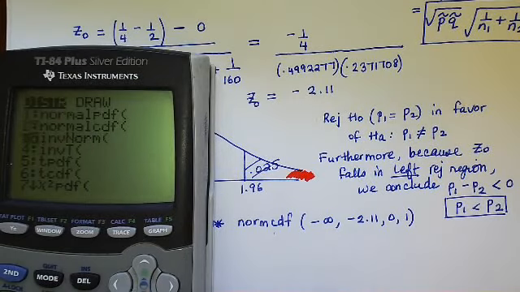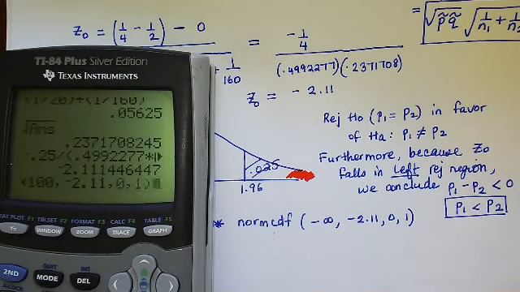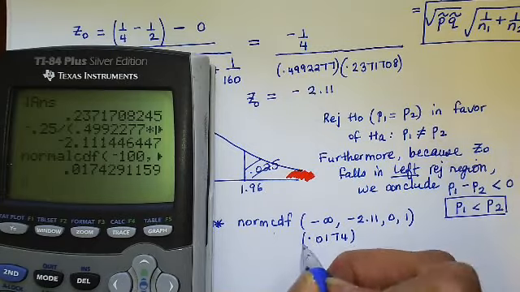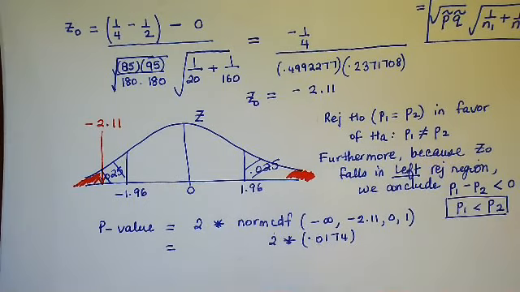So I get second distributions, norm CDF, minus 100, minus 2.11, 0, 1, paste. 0.0174, and of course I have to multiply by 2 still.